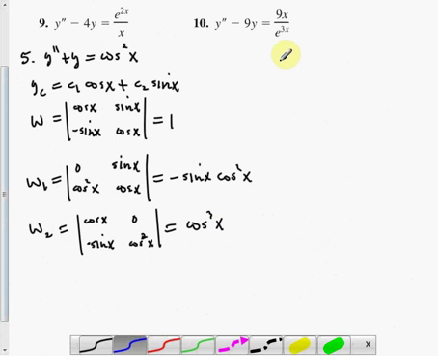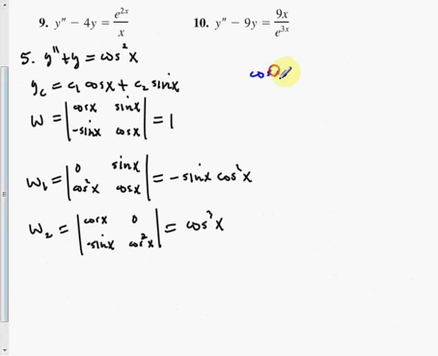Okay, this is cosine x times u sub 1 prime plus the sine x times u sub 2 prime equal to 0.